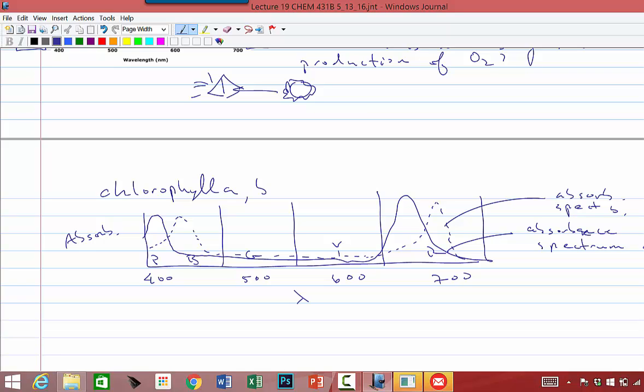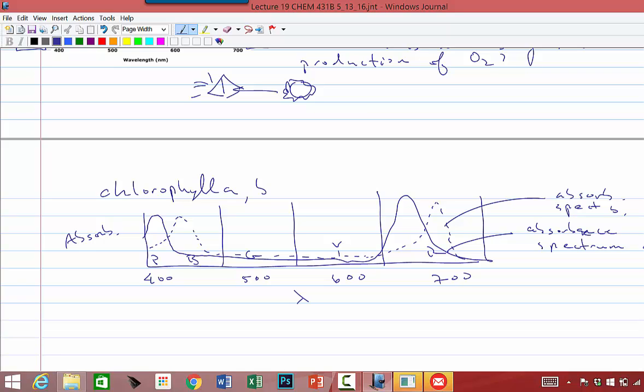And so the photon gets absorbed by the reaction center, and then you get this excitation of an electron, and that electron gets transferred to another chlorophyll molecule. So you got these chlorophyll molecules. And actually, let me see if I got this right.